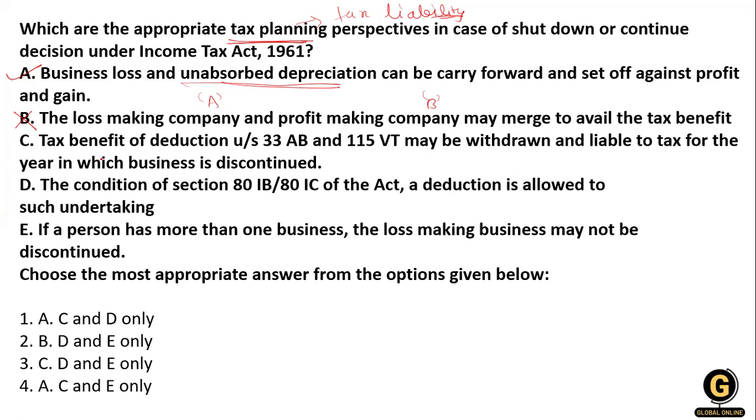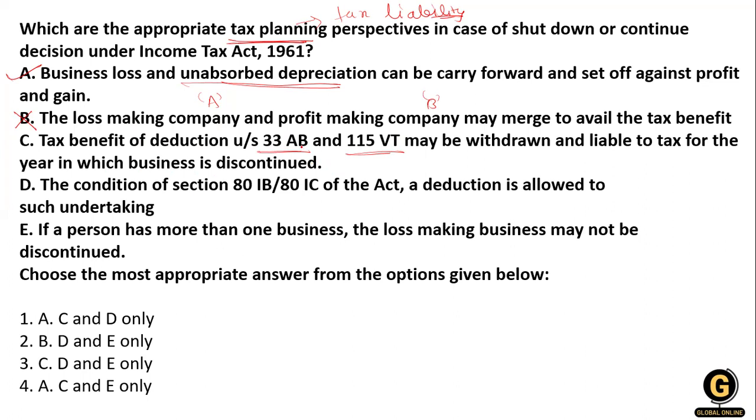Clear? Now, statement C: tax planning of deduction under section 33AB and 115VT may be withdrawn and liable to tax for the year in which business is discontinued. This statement talks about two deductions: the deduction under section 33AB and the deduction under 115VT. First of all, we have to understand what the deduction is for.